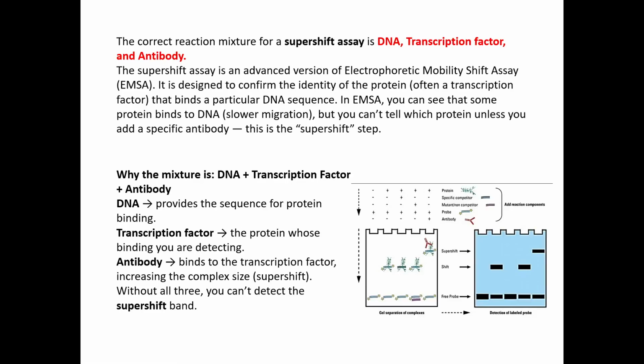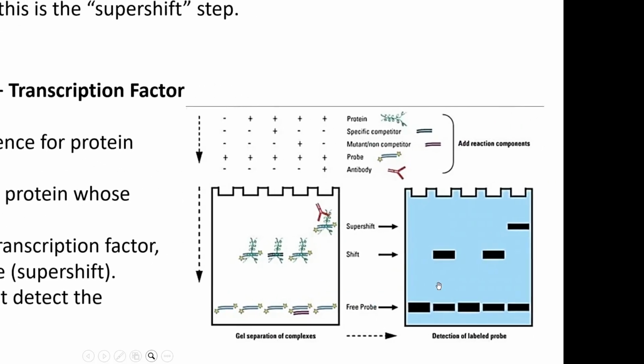In case of supershift assay, the reaction mixture I was talking about is DNA, transcription factor, and antibody. I'll explain on the gel here. You can see that this is your probe. You can also have multiple lanes in this. You can have a competitor, you can have a mutant, or anything.